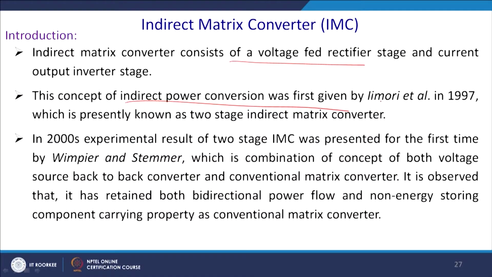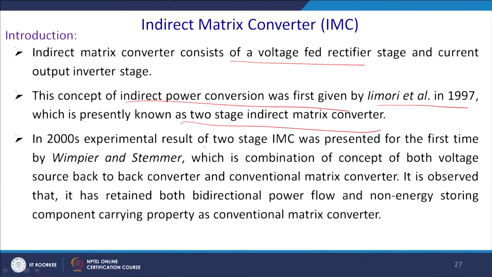The concept of indirect power conversion was first reported by Limori et al. in 1997, and it was precisely known as the two-stage direct matrix converter. If you have IEEE access, kindly go through these papers, quite interesting. You can find them, and that will be quite great to understand the concept.